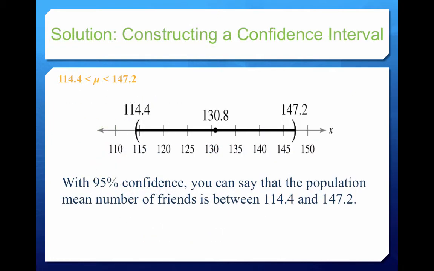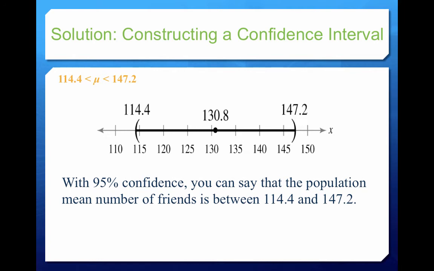Okay, with 95% confidence, you can say that the population mean number of friends is between 114.4 and 147.2. That's our interpretation. Bank on the fact that I will ask you to interpret this on the exam. So again, what is the ho-hum of all this? You guys are going to be able to get your numbers very quickly.